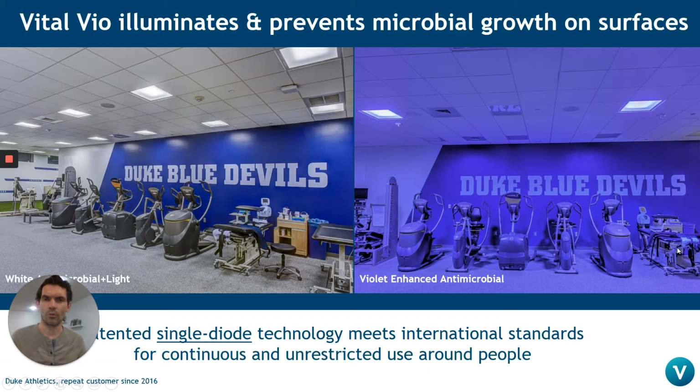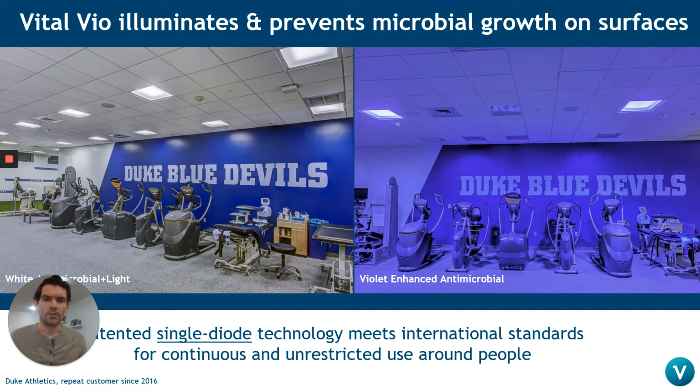Applying this to a real-world application, the image on the left shows VitalVio's antimicrobial plus white light mode. This illumination is being delivered by a single source LED that is also antimicrobial. So what you can see here is a high quality white light, but it also has the antimicrobial capability.